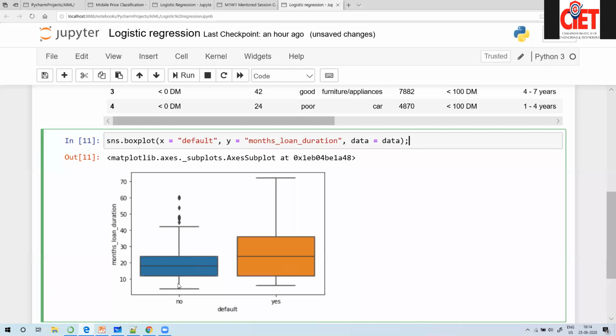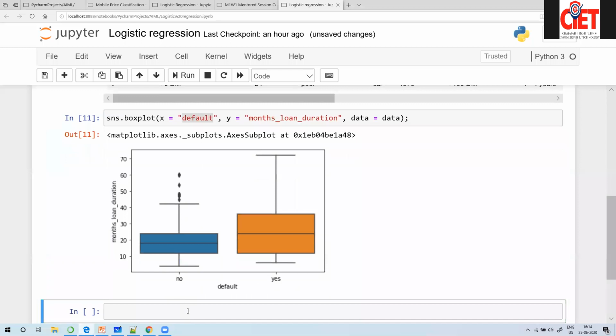So customers who are not defaulting, their duration is typically less. Customers who are defaulting, yes, their duration is typically more. So that tells us, yes, there is a relationship between the loan months duration and whether they are going to default or not.